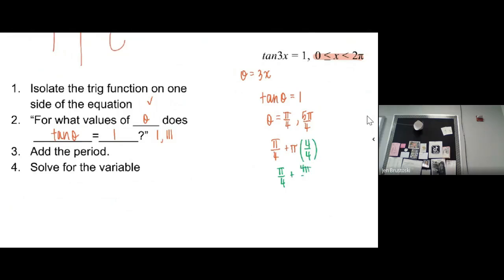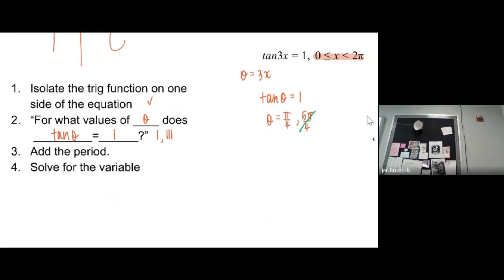What is that? 5 pi over 4. So it's not really necessary that we show that second value because of what the period is. We're going to ignore that second one because we're going to catch it later. Does that make sense? We'll have it in our final answer.